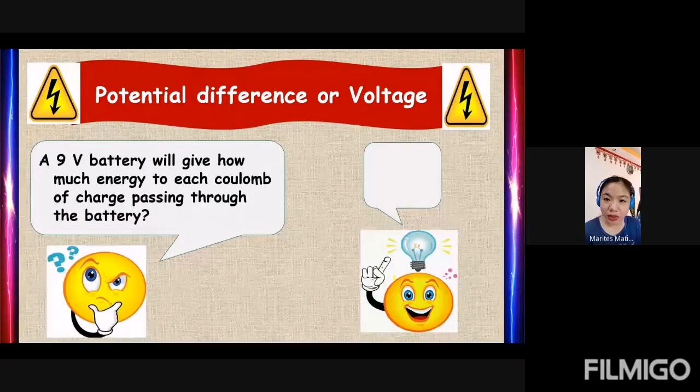A 9 volt battery will give how much energy to each coulomb of charge passing through the battery? So, ilan kaya ang PD, or potential difference niya, ang equivalent ng 9 volts? Di ba sabi natin kanina, they are the same. So, if that's the case, 9 volts, meron din siyang 9 joules per coulomb. Yung potential difference niya.